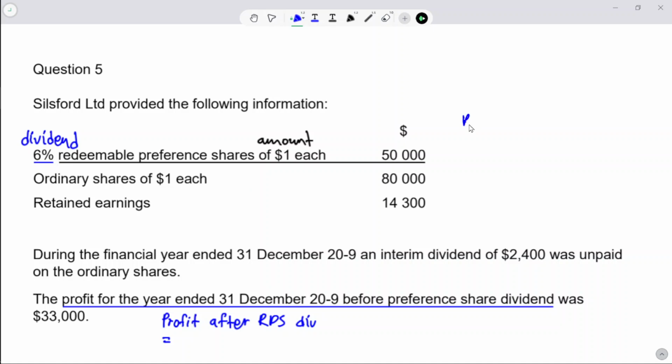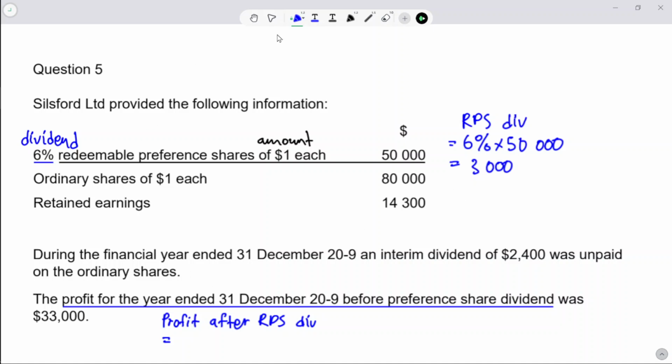With this one, RPS dividend, which is equal to 6% times 50k, which I think is 3,000. Yeah, 3,000.